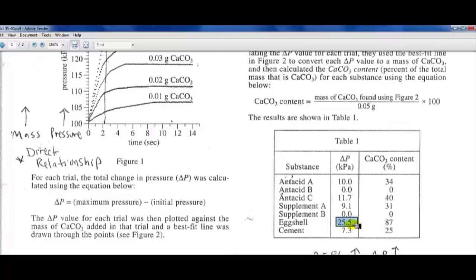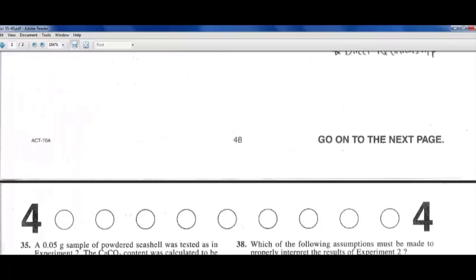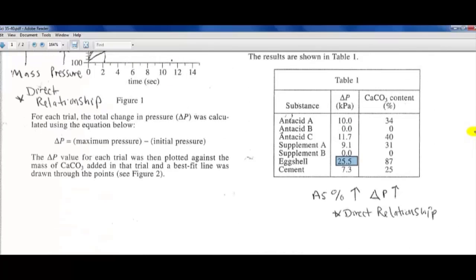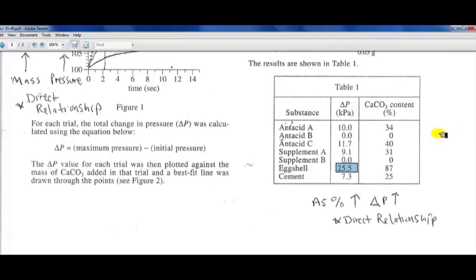The correct answer here, delta P gives us 25. And then let's find something close to powder Y, which is 65%. And when we come up here, we have 40%, which gives us an 11. So you can see the higher percent of CaCO3 produces a higher delta P.